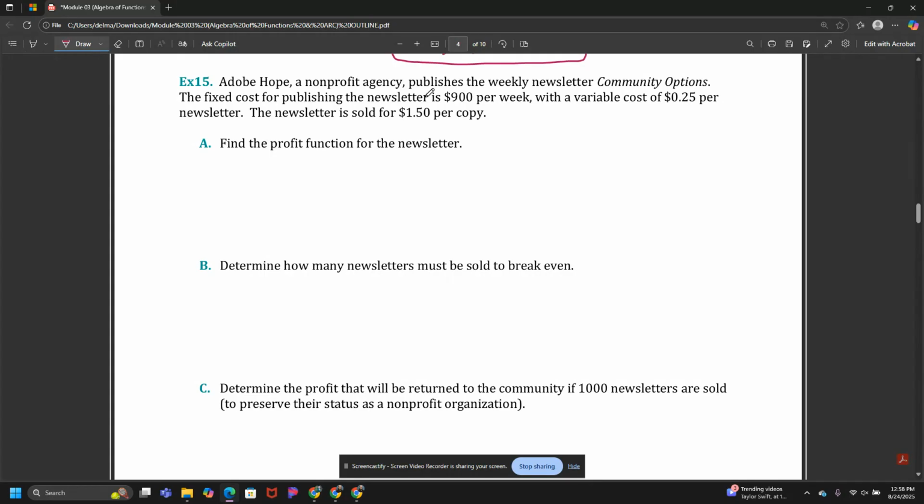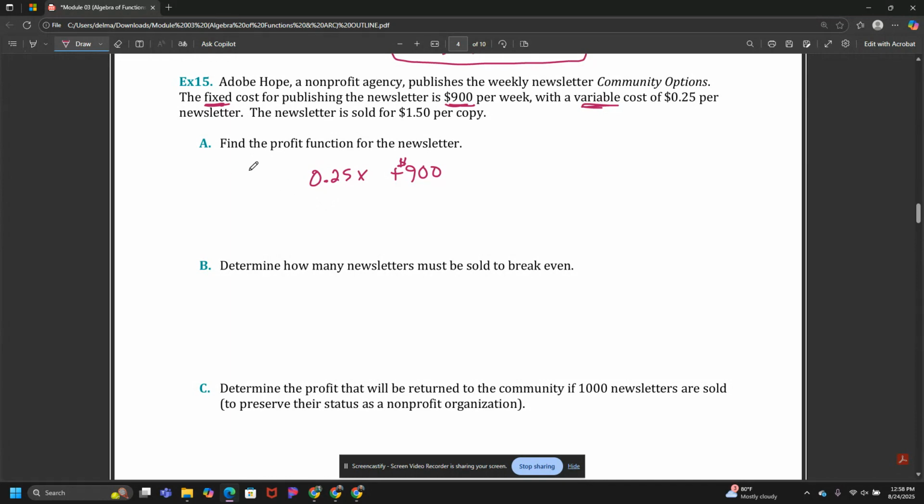Adobe Hope, a non-profit agency, publishes the weekly newsletter Community Options. The fixed cost for publishing the newsletter is $900 per week. Fixed cost lets me know that that is just how much it costs without anything else. With a variable cost, that lets me know it needs a variable of 25 cents per newsletter.